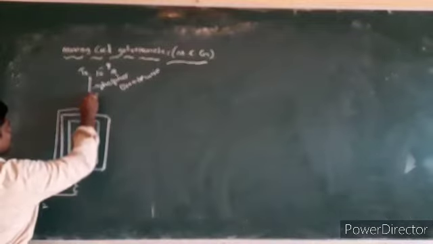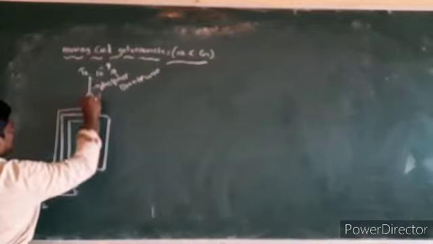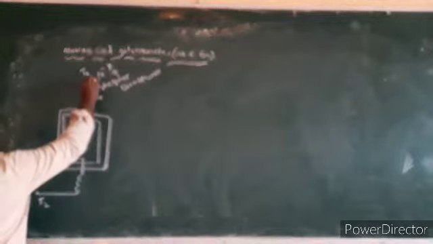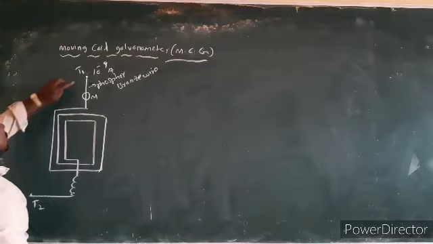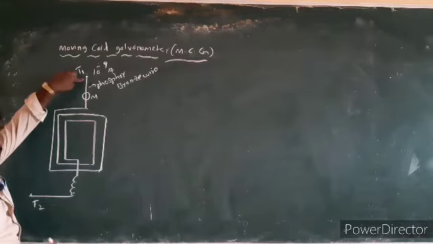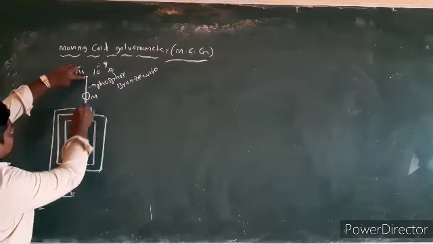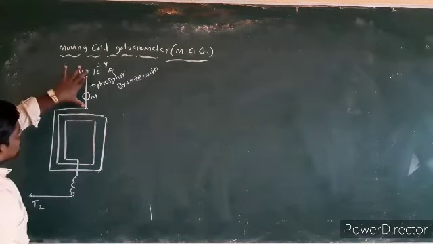Now the phosphor bronze wire contains a mirror. Here M is the mirror. This is called the torsion point, or consider T1 as a terminal.